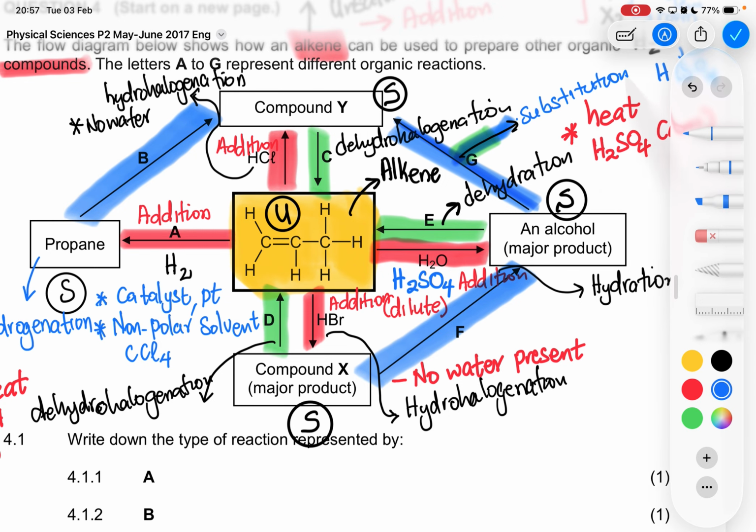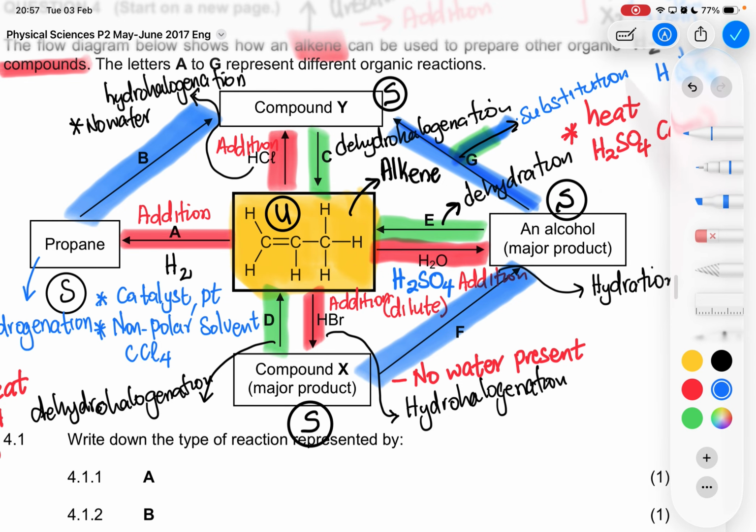So they are substitution reactions. Now, I want you to then tell me, I'm moving from, would you know that, right? Okay. Compound X is a haloalkane because you said the reaction that it undergoes is hydrohalogenation. So we are forming a haloalkane.